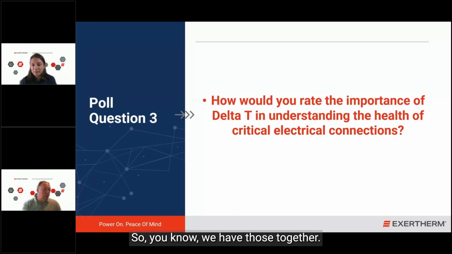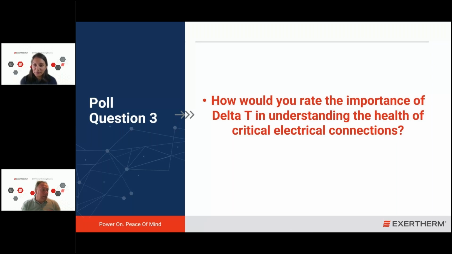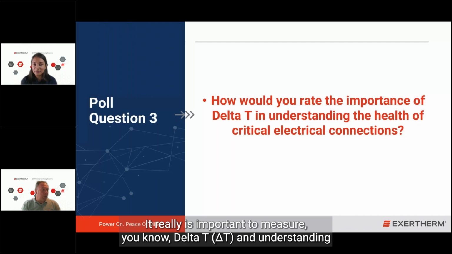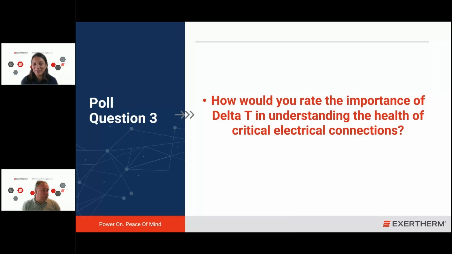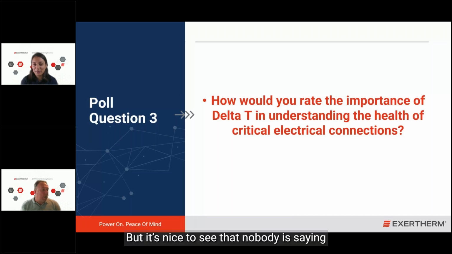So we add those together, and my maths says 95% are basically saying it's important, that it really is important to measure delta T and understand it. 4% are saying reasonably, which is pretty good. But it's nice to see that nobody is saying somewhat, or not important. So that's good data, thank you.